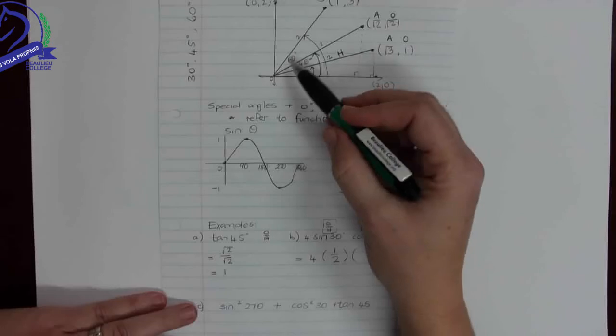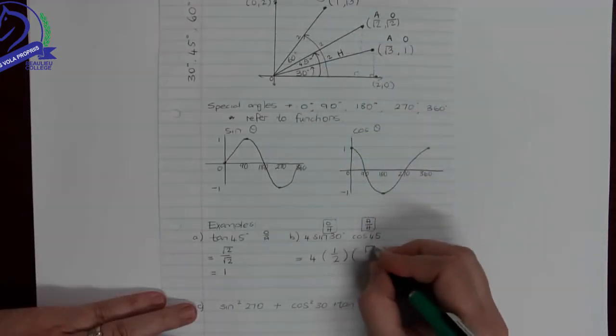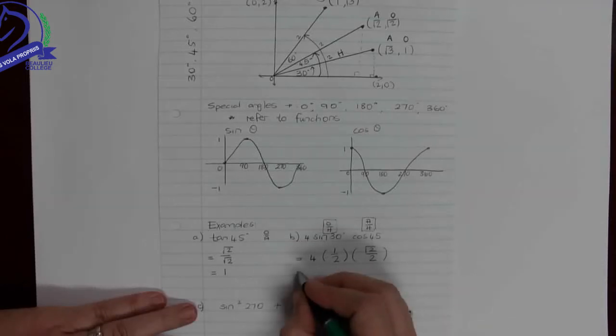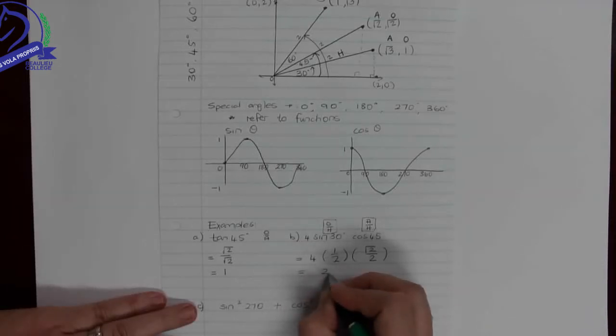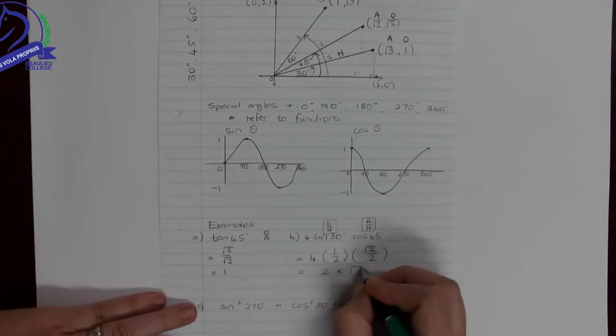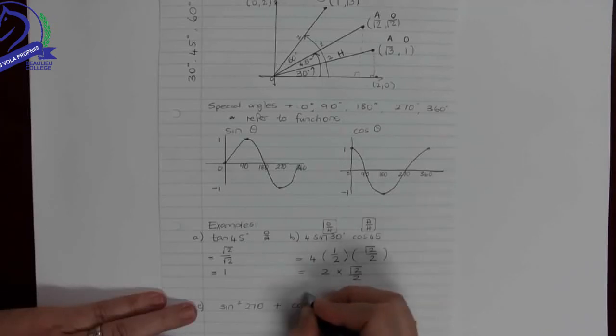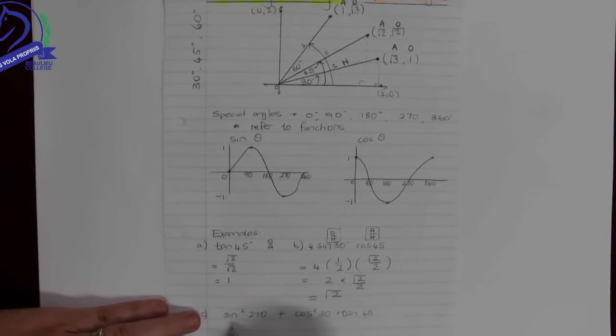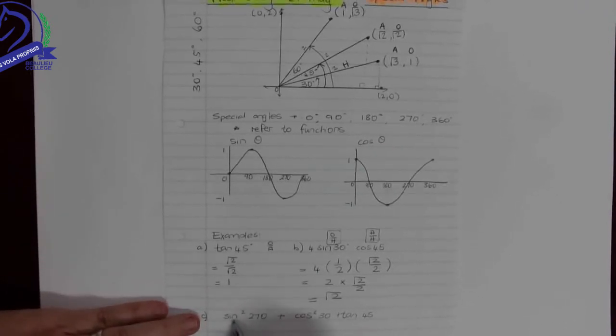At 45, adjacent over hypotenuse, so that's 4 times a half is 2, and 2 times square root 2 over 2 will give me an answer of square root 2.